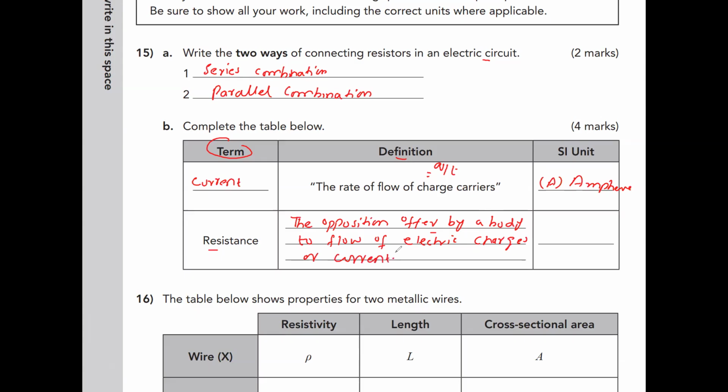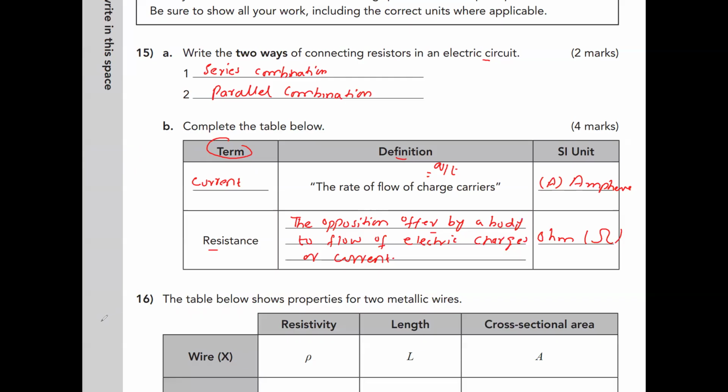So resistance is actually to resist the charge or resist the current. And obviously its unit is ohm, represented by this symbol. So this is the method that you have to find the value of resistance.